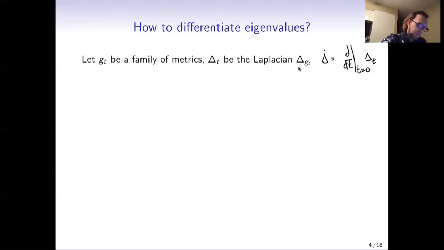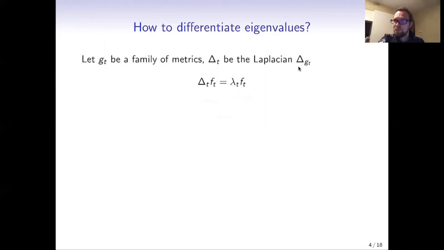Okay, so we have a family of metrics, we have Laplacians. And now suppose that we have even more, right? So suppose we just have a family of eigenfunctions. So we have Laplacian_t of f_t equals lambda_t f_t. In general, this needs proving, that you have this family which depends differentiably on t, for example, because now we're going to take the derivative of this.